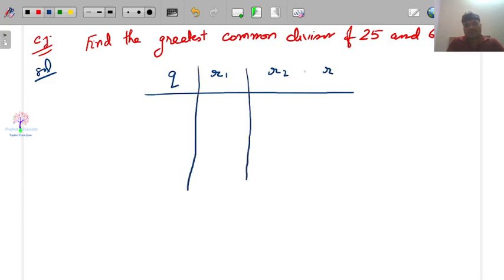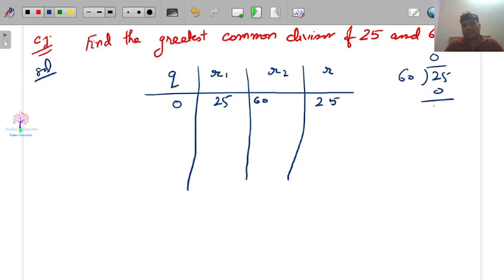Take the initial values 25 and 60. So just do this. Here quotient is 0, remainder is 25. So how will you get 25? Just 25 divided by 60, because it is smaller, so 0 times and remainder is 25. Now R1 becomes 60, replace it, and R2 becomes 25.